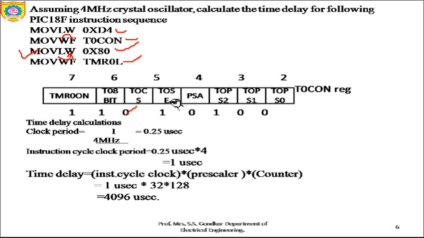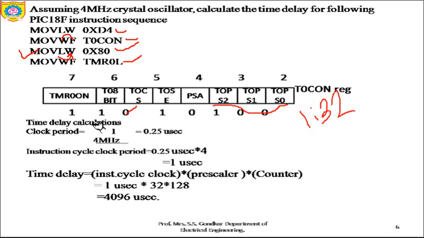It means it is going to increment from high to low. PSA is 0. It means the prescaler is enabled. T0PS2 to T0PS0, these 3 bits are 100. It means you have to check the table and the prescaler value found is 1:32.